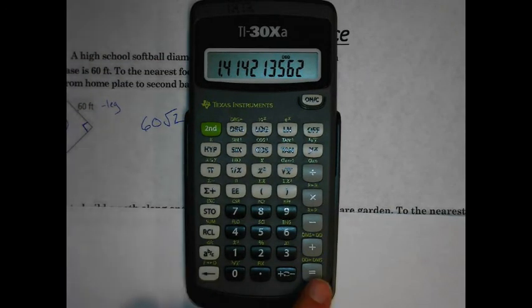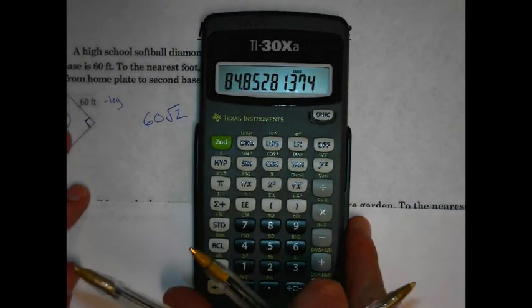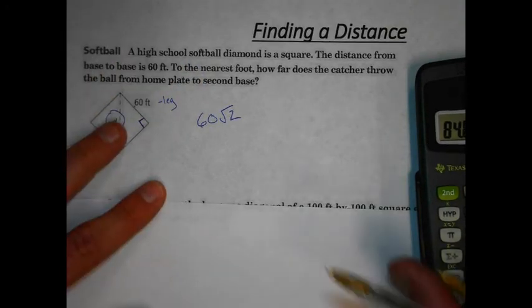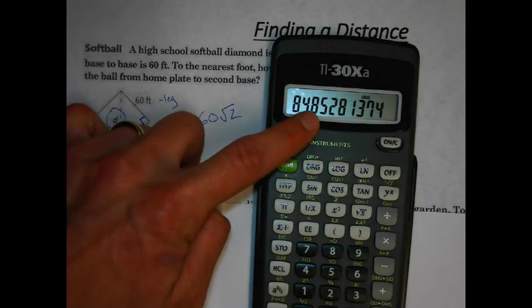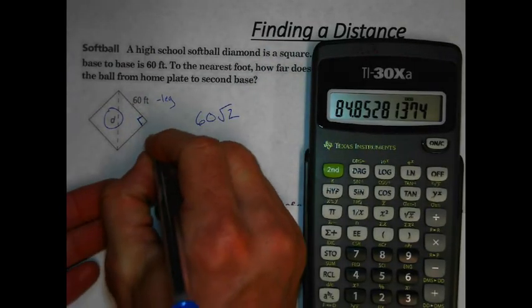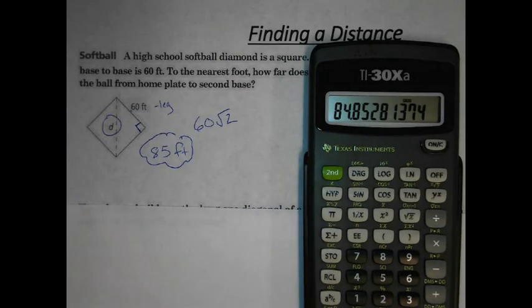But that's another story for another time. If I multiply those together, I have 84.85281374. The question said to the nearest foot, so we're rounding to the nearest 1. 84.8 turns out to be 85 feet. Sometimes we use our handy-dandy calculator to figure that out.